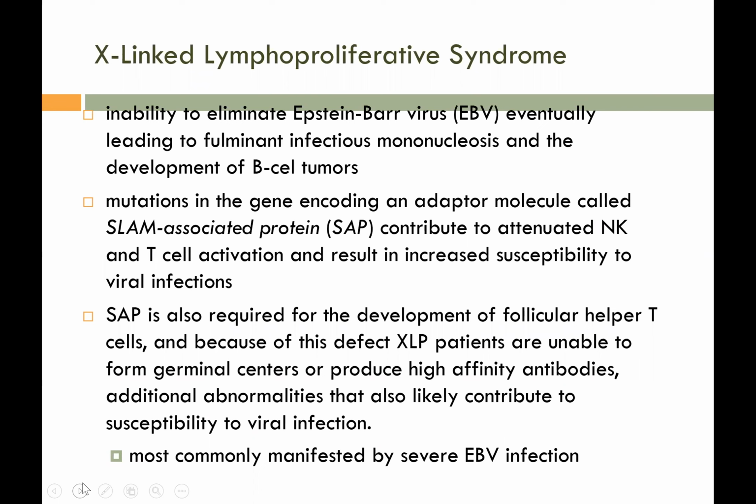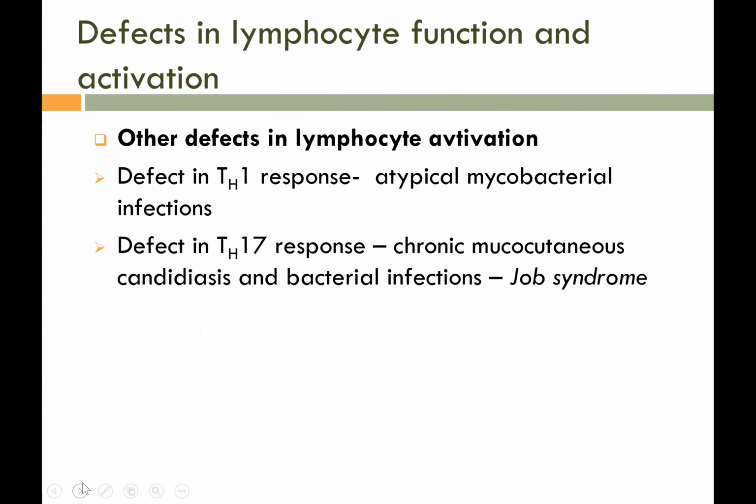Okay, so let us try to discuss it further. You have your X-linked lymphoproliferative disorder, as I have mentioned. You have EBV. I have here already the SLAM and the SAP as what I was trying to point out a while ago.